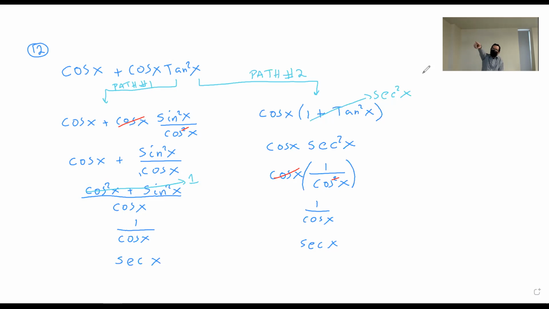So yes, it's correct. You've got an expression where you've got two things adding up and you've got a factor over there. So you've got cosine plus cosine of x times tangent squared of x. That is equivalent to secant of x. Okay? Even though they look different, they are equivalent. And that's the concept of an identity. Okay, questions with this one?